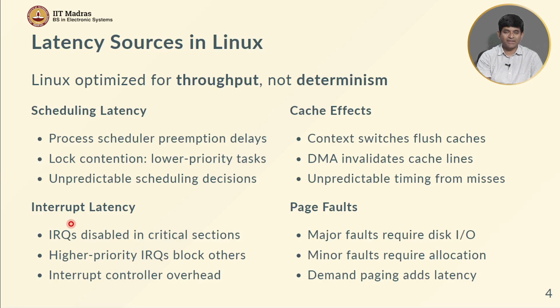One of them being: try and keep the IRQ handler part of it as short as possible. Right? And the idea is that we have certain critical sections where I need to make sure that I have captured the IRQ, I have recorded it, done something with it, but during that time I don't want another IRQ to come along and mess things up. I usually disable IRQs during that time.